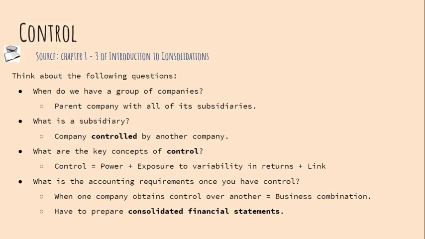But in addition to having power over this investee and having exposure or rights to variable returns, the final vital element of this definition of control is that there must be a link between these two components. The investor, the parent, must have the ability to use its power to affect its returns from its involvement with the investee.